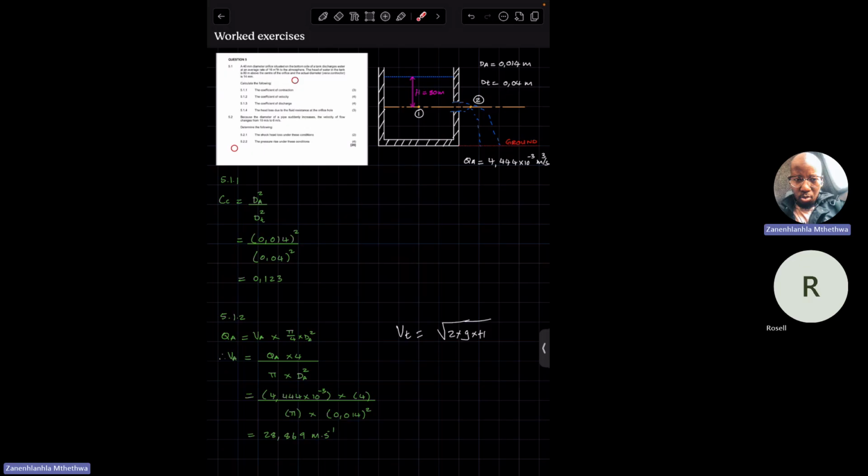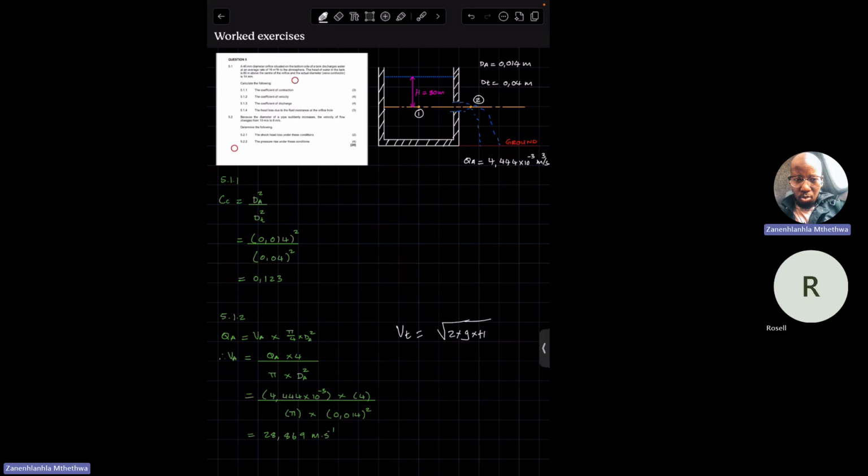Hence, when applying Bernoulli's between these two points, seeing that we're looking for the theoretical velocity, it is on the basis that this here is an ideal system, meaning it is 100% efficient. Hence, the velocity that you calculate there is the theoretical velocity. In having calculated the actual velocity, the frictional losses are being taken into account.